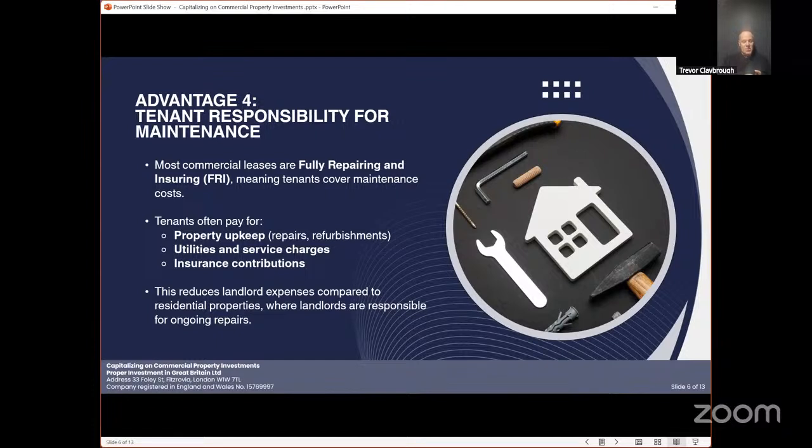And tenants are also paying for the insurance contributions. In a lot of cases, we set in the contract that the landlord pays the insurance to ensure that the building remains insured, but those insurance costs are then rebilled to the tenants. So tenants' responsibility for maintenance keeps it a lot simpler and increases the profit.